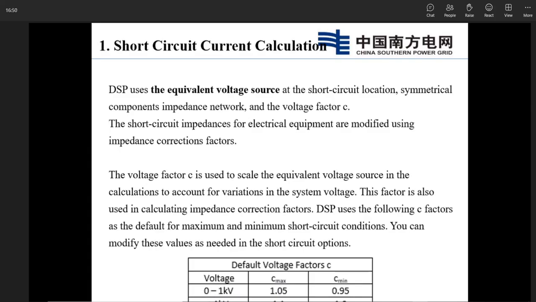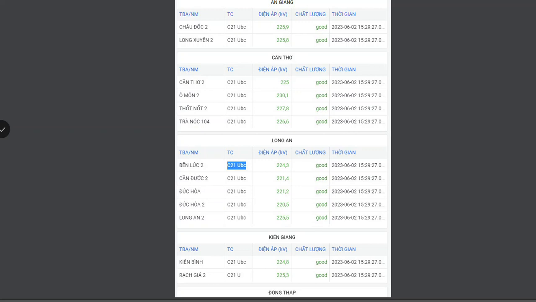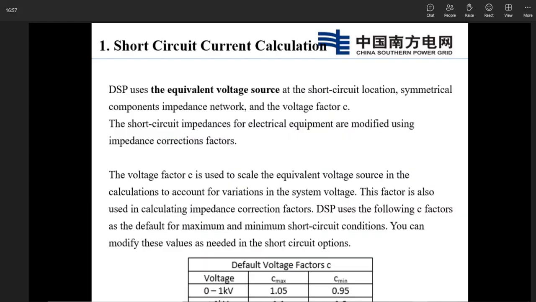DSP uses the equivalent voltage source at the short circuit location, the symmetrical components impedance network, and the voltage factor C. The short circuit impedance for electrical equipment is modified using the impedance correction factor. These are all the features of this function.